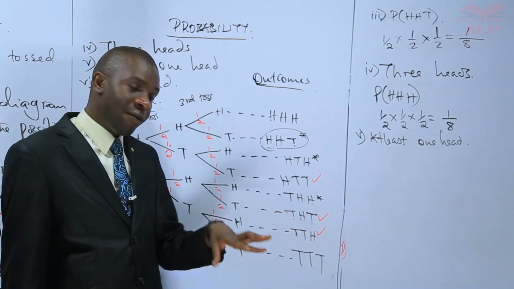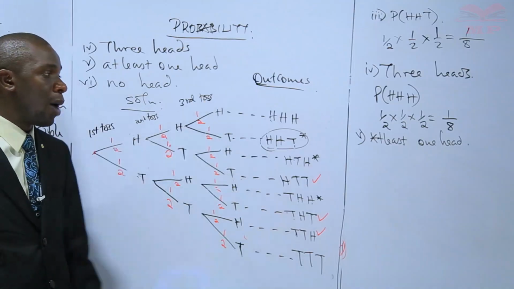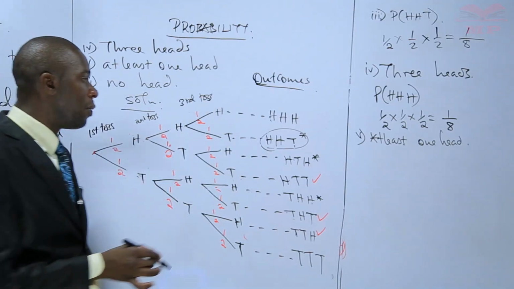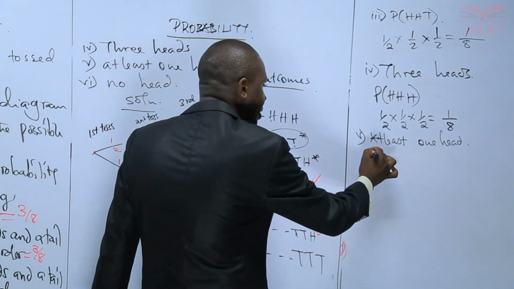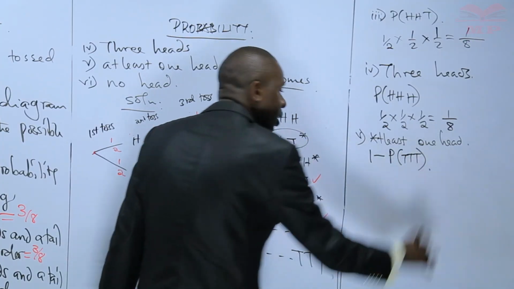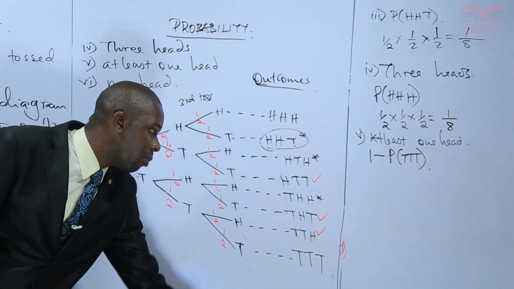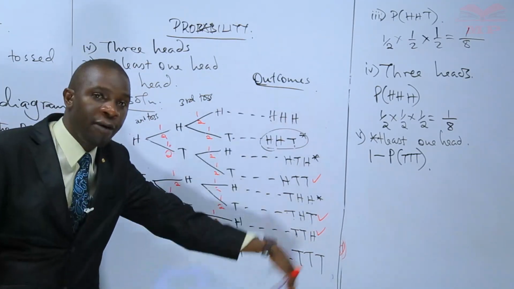Now, in that case, if we know that if we were to add everything, our answer is 1, we can say that at least one head is simply 1 minus the probability of tail, tail, tail, which will now be simpler. We'll only take this one, remove it from 1, which will give us the total of everything remaining.